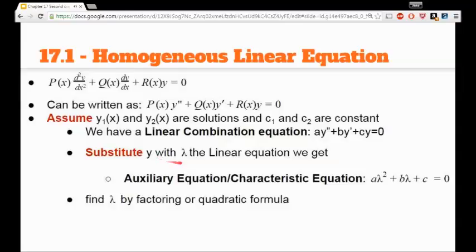We substitute y with lambda and change it to a polynomial equation so that we can solve the equation much more easily than dealing with a bunch of derivatives. And we can find lambda by using either factoring or the quadratic formula method.